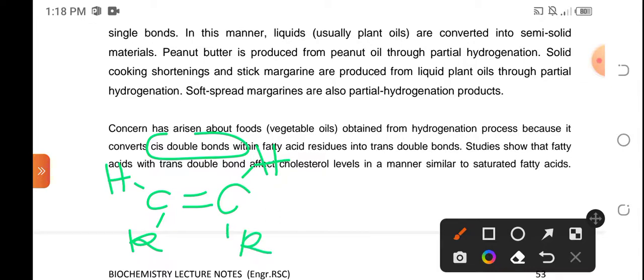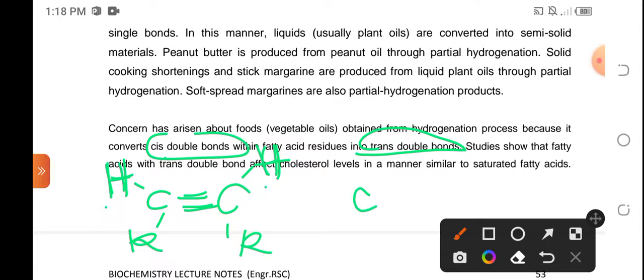This is a cis double bond, wherein the hydrogen groups are on the same side. Parehas silang nasa taas. It's either parehas na nasa taas or parehas na nasa baba nitong double bond na to. Now, the issue with the partial hydrogenation, the cis double bond that is present, which is supposed to be a good fat, okay, matuturn daw siya into trans double bond.